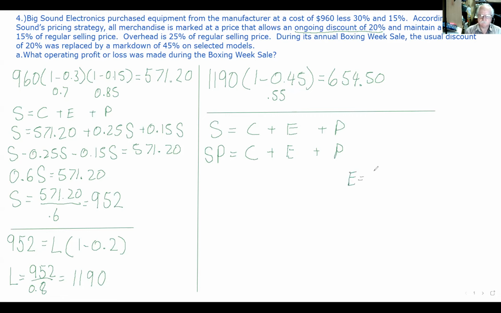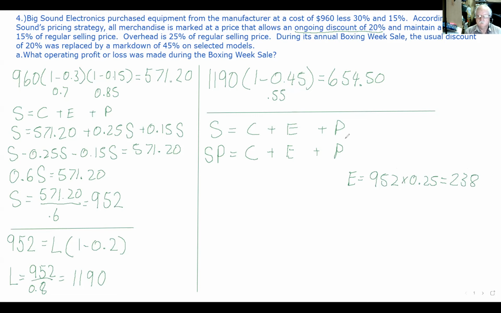Overhead was 25% of the regular selling price, so 952 times 0.25. Their expenses turned out to be 238.